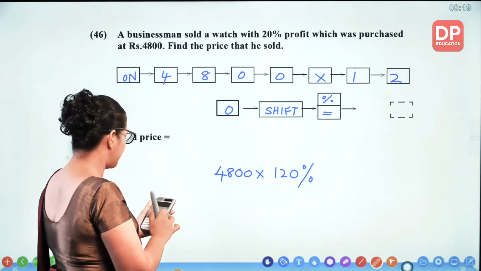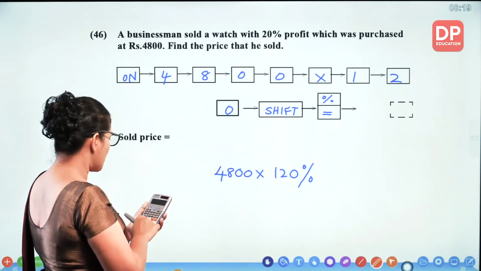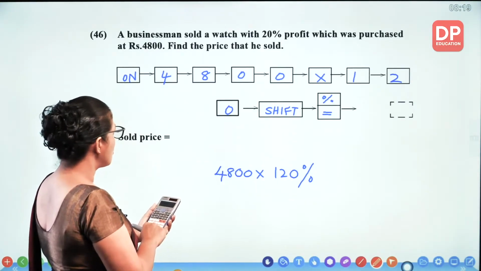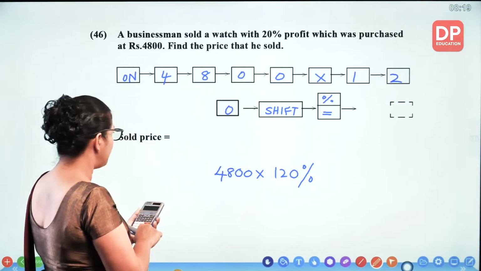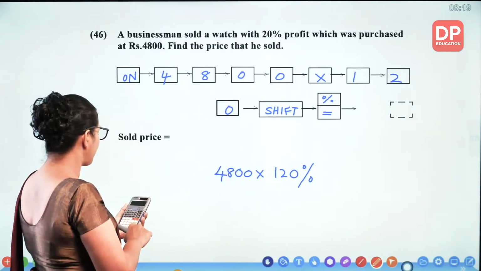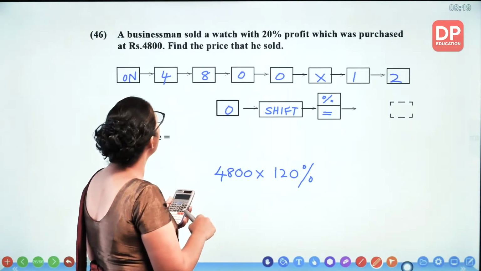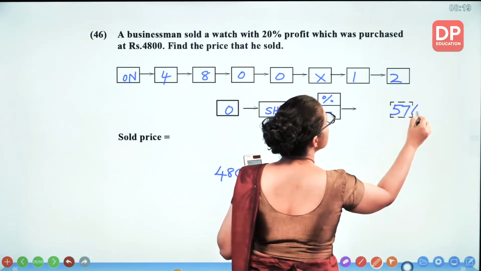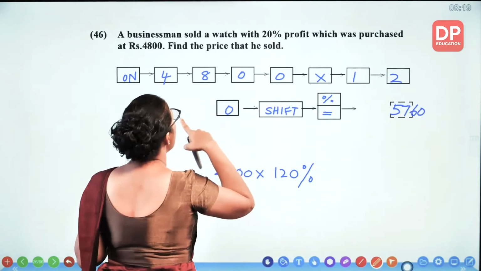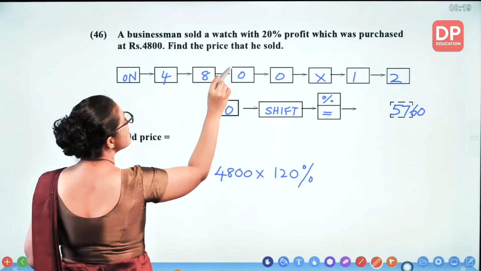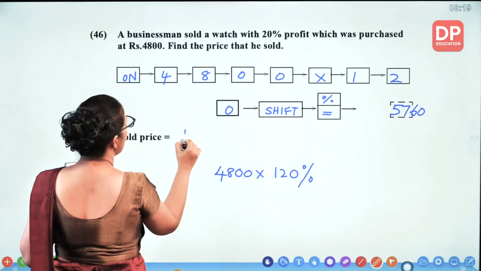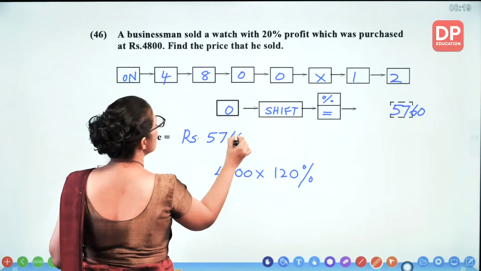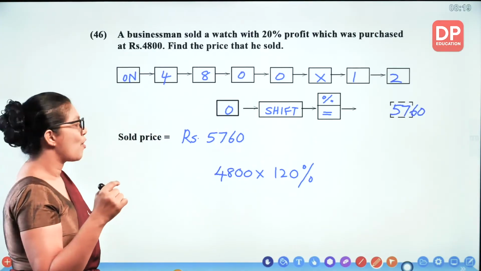So what's the answer? 4,800 into 120 percent sign. 5,760. 5,760 rupees. So he has to sell it for 5,760 rupees to get 20% profit.